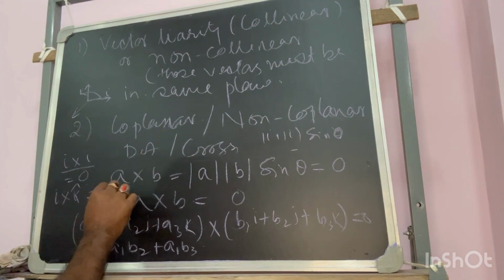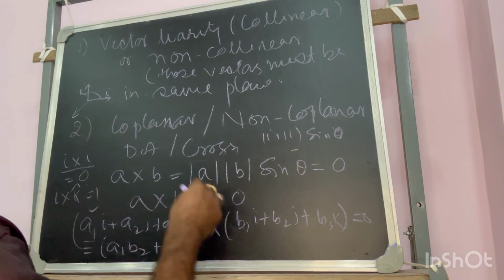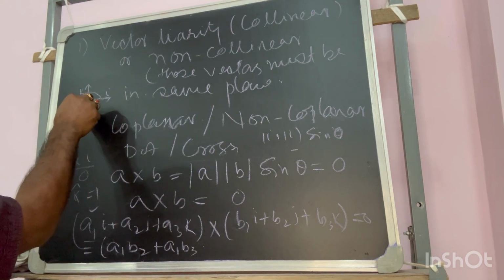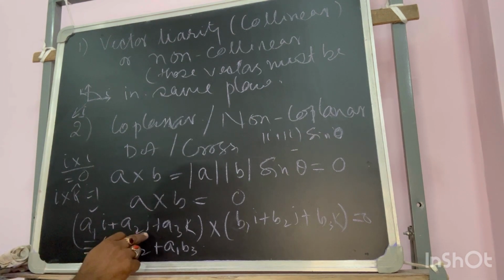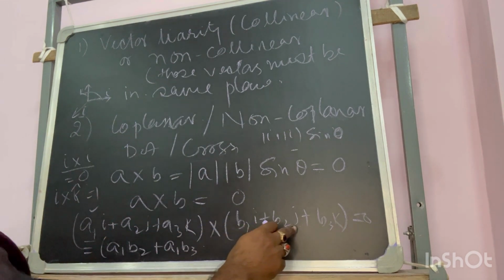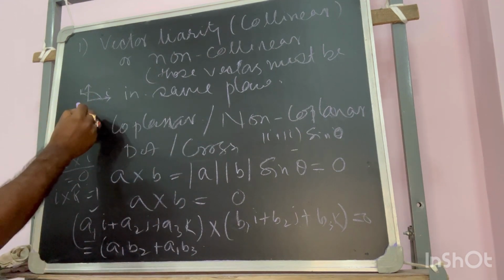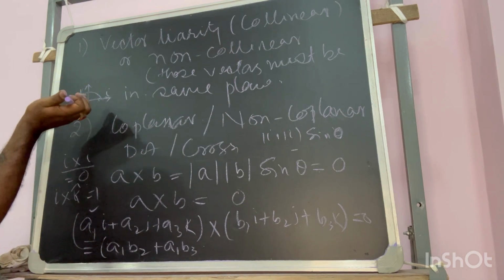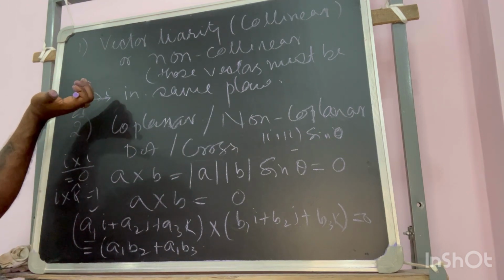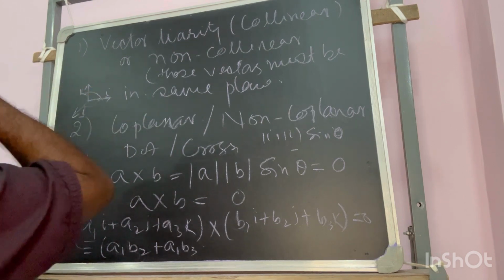Now this is over. Next, a2 j and b1 i. This direction is j. What am I multiplying? j cross i. So j cross i means I am rotating from j to i, and this will follow the positive z direction.